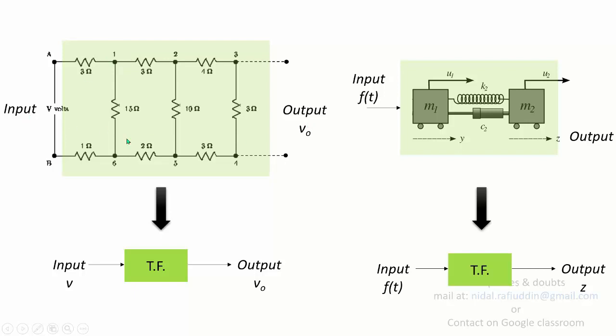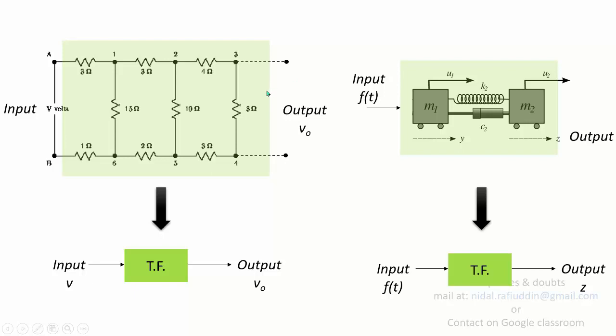When initially solving the equations, you will first obtain the relation between input and voltage V1. Then by solving the second equation, you will obtain a relation between V1 and V2 by applying KVL in this loop. And applying KVL in the third loop will give you a relation between V2 and V0.